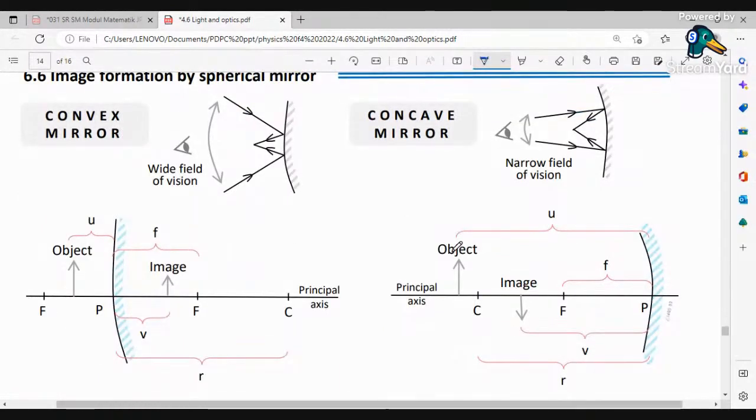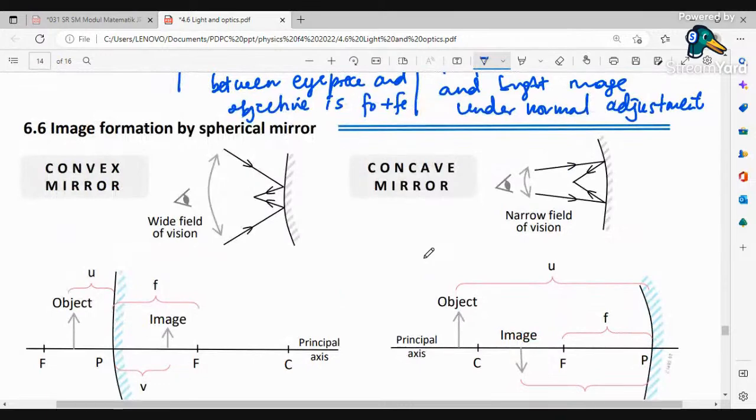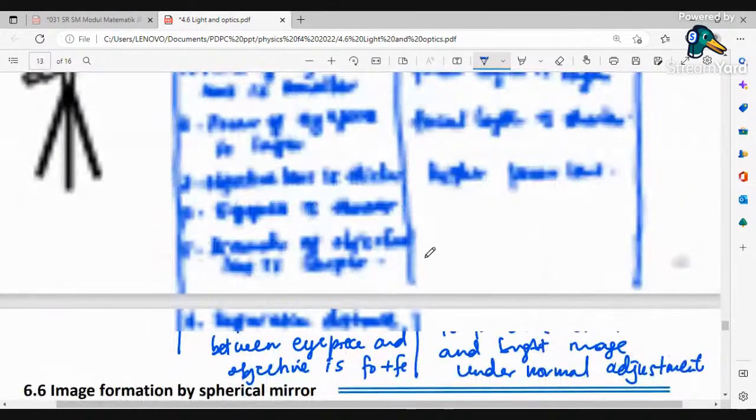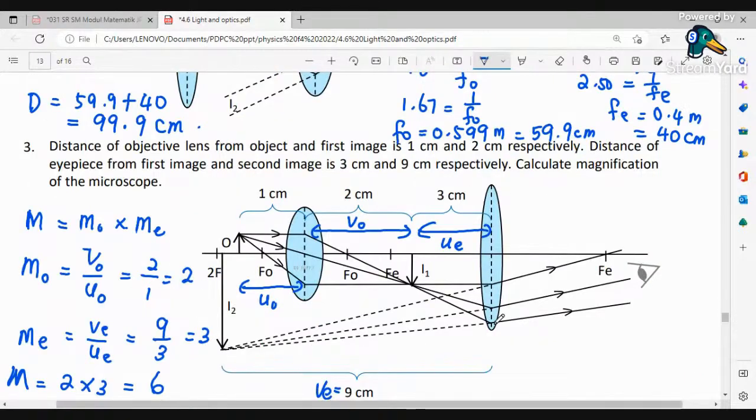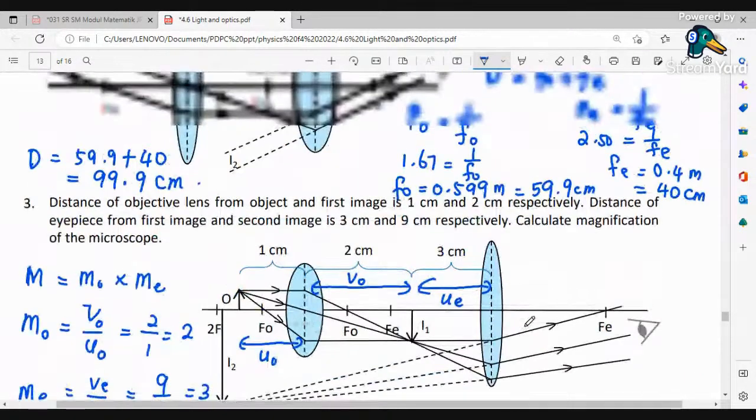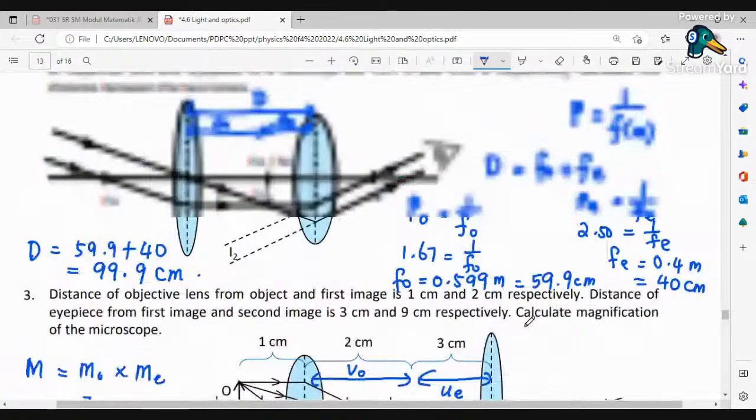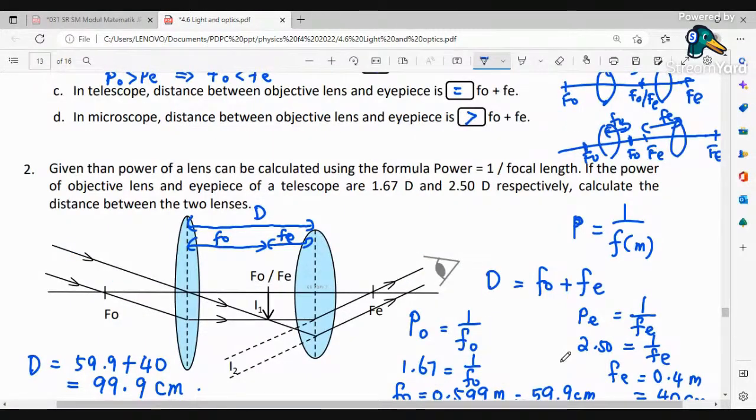Okay, that one is for optical instrument. So memang you kena ingat lah. Okay, no need to memorize the drawing here. If question come out, it just asks you to complete the ray diagram. Okay.